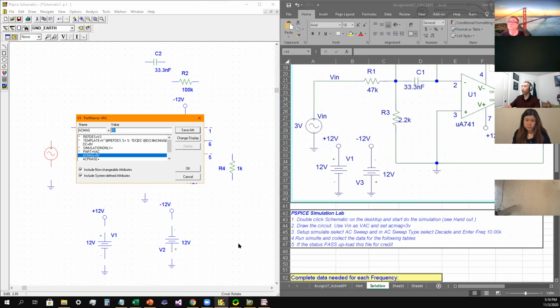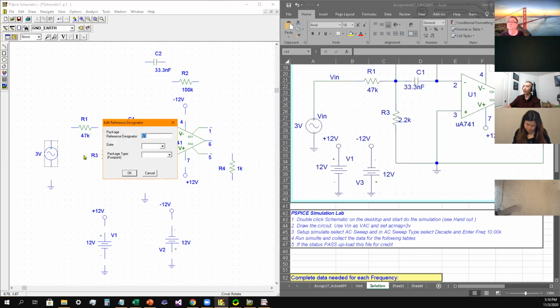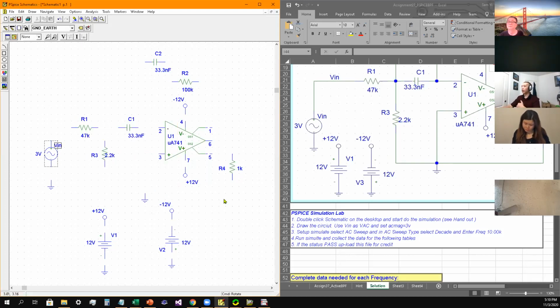I want to change that to 3 volt. Type in 3 there, click enter, or click on save attribute and click OK. Now I can change the label there. So that's VN. I got all the parts in and all of it labeled.